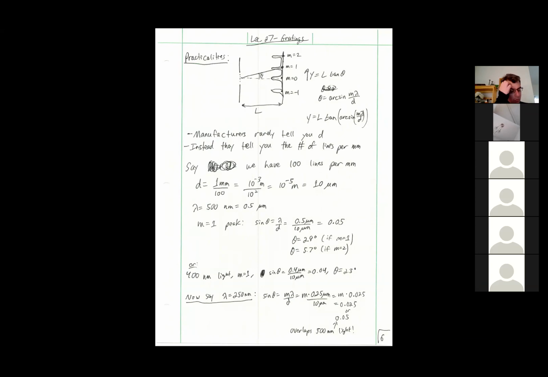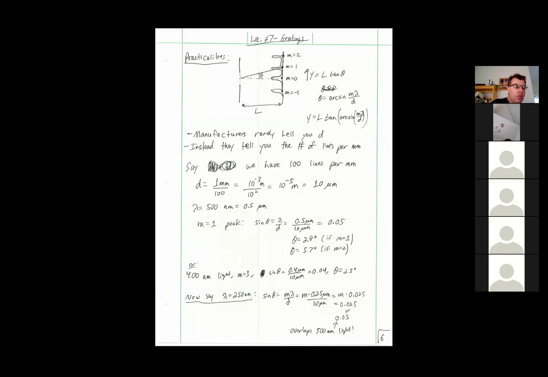Because remember, what the grating is telling you is the value of m lambda. If you know theta, and you know the lines per millimeter, well, from the lines per millimeter, you can get d. And from theta, you can get sine theta. So you've got d sine theta. Now, d sine theta might be lambda, might be 2 lambda, might be 3 lambda. You have to check.